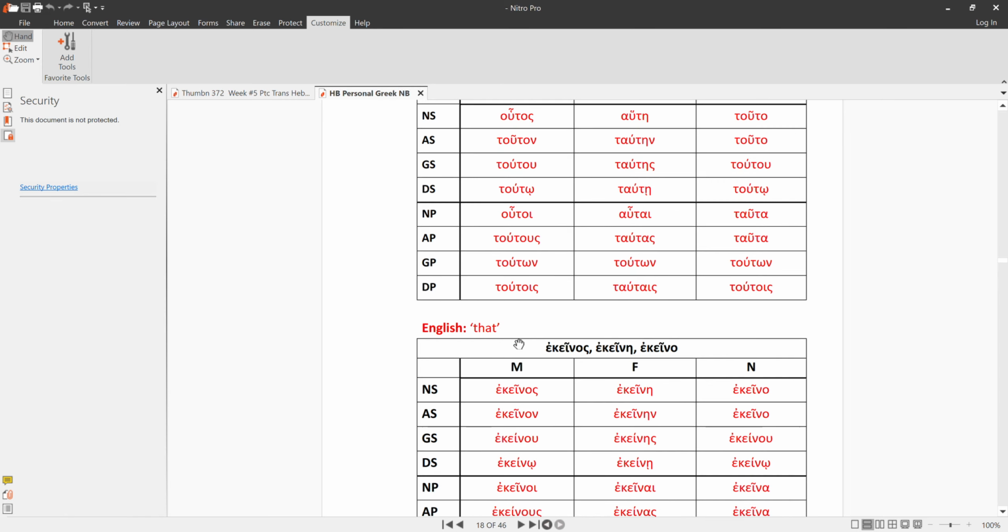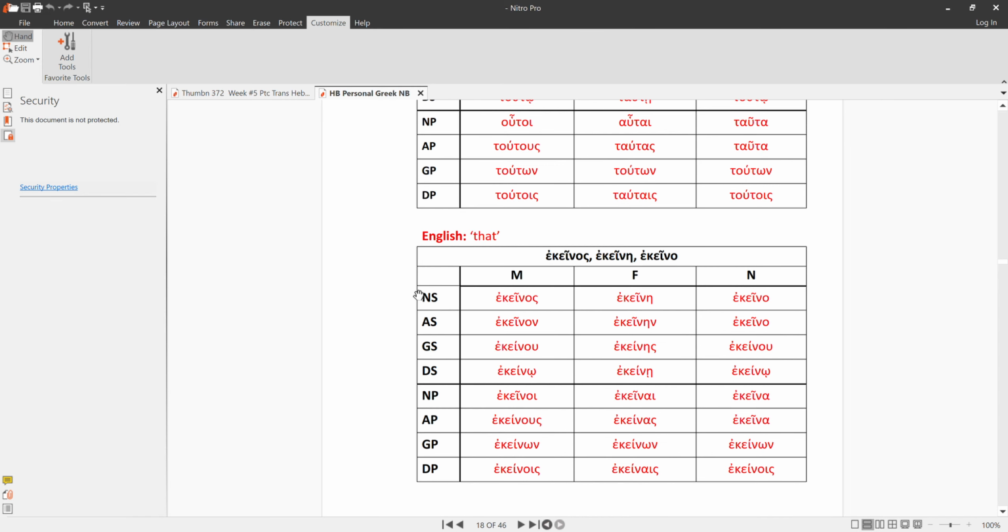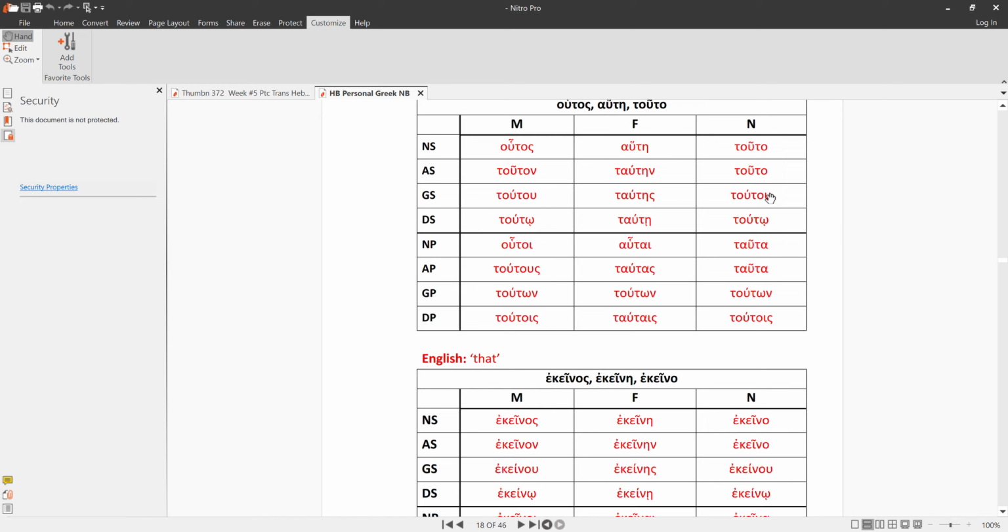But I've also included from chapter 16, which we don't get until vocabulary in chapter 16, the far demonstrative adjective ekeinos, ekeinē, ekeino. It is much easier to learn because it is more consistent than houtos, hautē, touto, and perhaps used somewhat more than that and those.